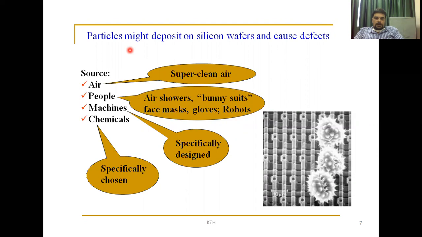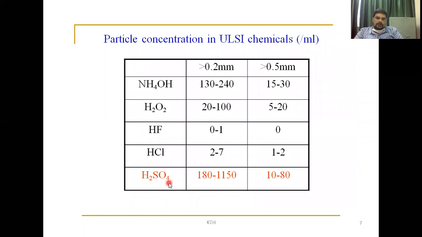So what we need to do in order to remove these impurities is use super clean air. In case of people, air showers, bunny suits, face masks, gloves, and robots are used. In case of machines, specifically designed machines can be used, and specifically chosen chemicals can be used for doing this.